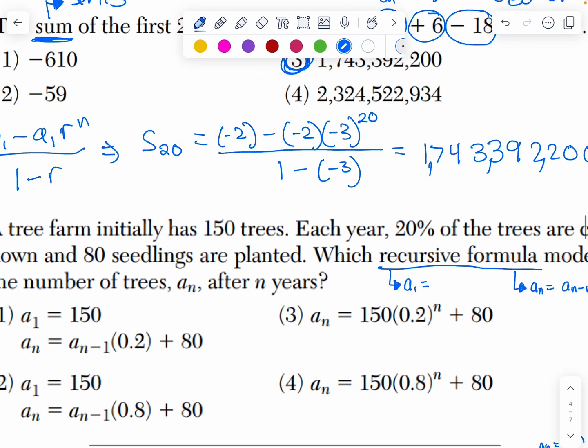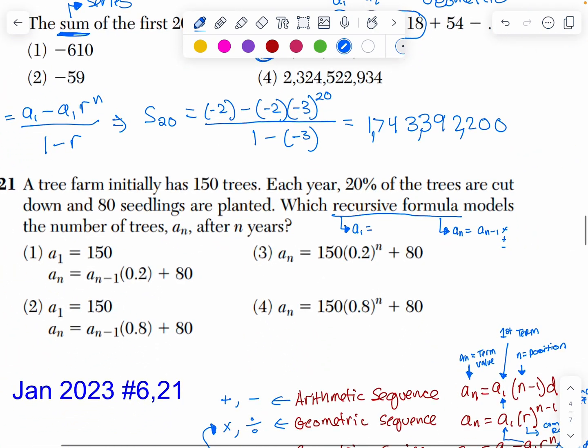So this question says a tree farm initially has 150 trees. Each year, 20% of the trees are cut down and 80 seedlings are planted. Which recursive formula models the number of trees a sub n after n years? So right away, because of the word recursive, there are two answer choices we can eliminate, 3 and 4.